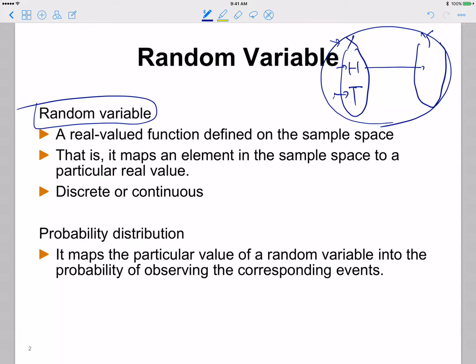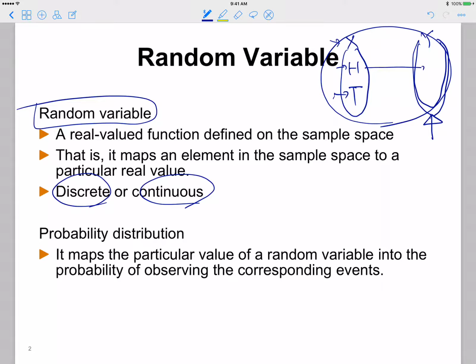Then it can be discrete or continuous, because the possible outputs in the place of y can be just continuous real values, or integers, or maybe some other discrete variables.